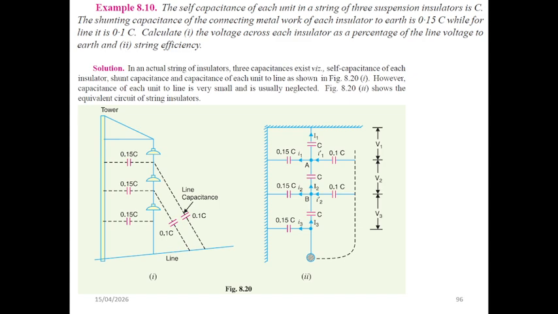It also shows that the line capacitance is relatively small and can often be ignored to simplify the analysis. Using this equivalent circuit, the problem aims to determine the voltage across each insulator as a percentage of the total line voltage, as well as to evaluate the string efficiency.